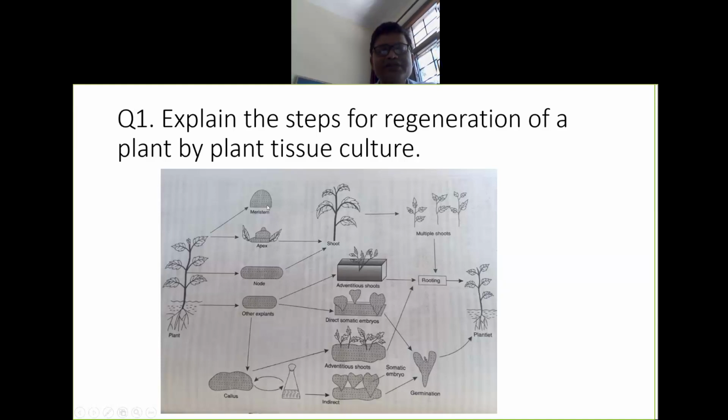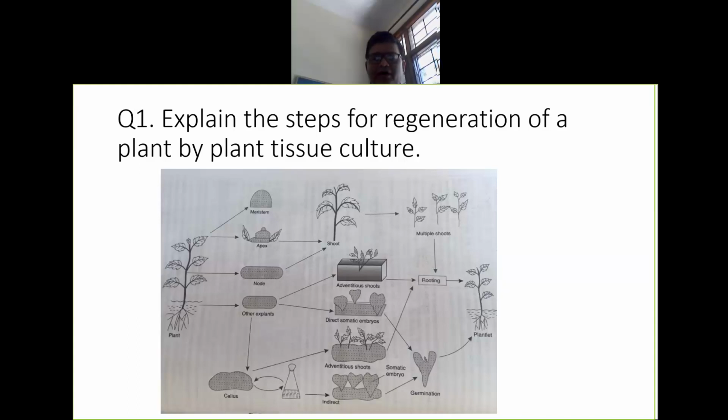And we can use this meristem, apex, the nodes and other explants, and we multiply this plant part into organs, that is known as organogenesis, meaning development of a particular organ from the explant.